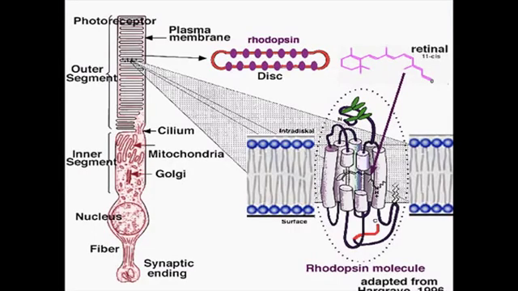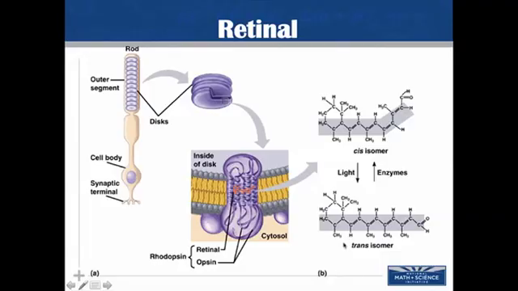But as you listen to the description, listen for how the actual mechanism works. There's a rhodopsin molecule that will be involved, and inside that rhodopsin molecule, there's an important little molecule that changes from one form of its isomer to the other, and that's what really allows us to be able to see. That's pretty amazing to me, that there's a chemical, and then inside that rhodopsin, there is retinol.